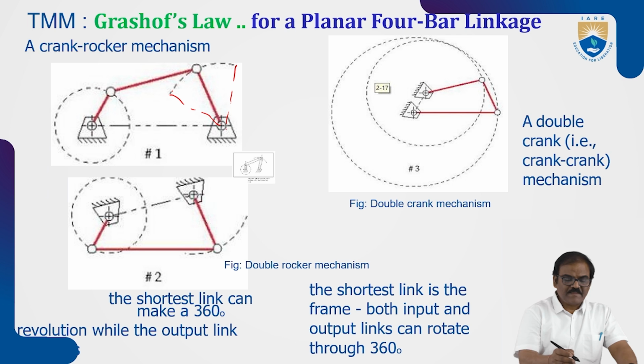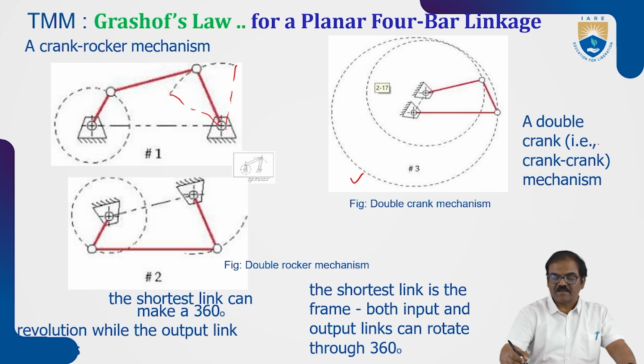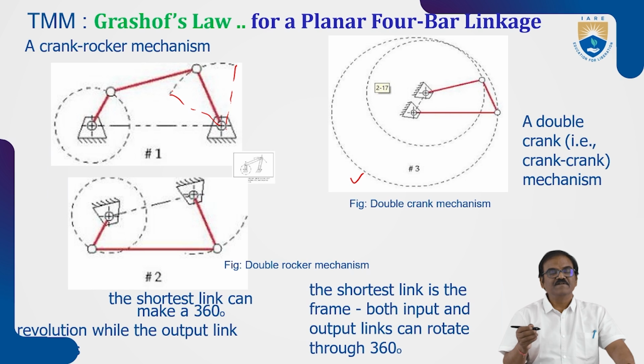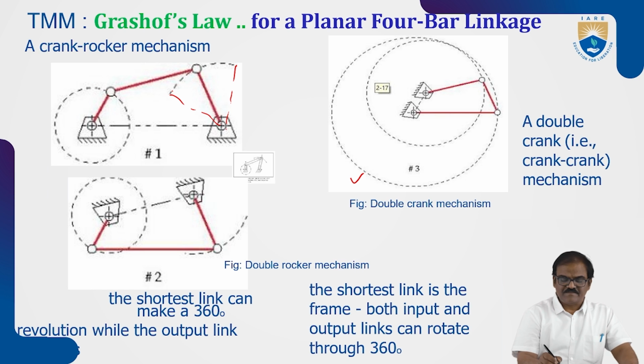This is the crank rocker mechanism. This we call the double crank mechanism. If the shortest link is fixed, then both the links can make a double crank. That is a double crank mechanism in which the shortest link is the frame. Both input and output links can rotate through 360 degrees, and this we also call the drag link.